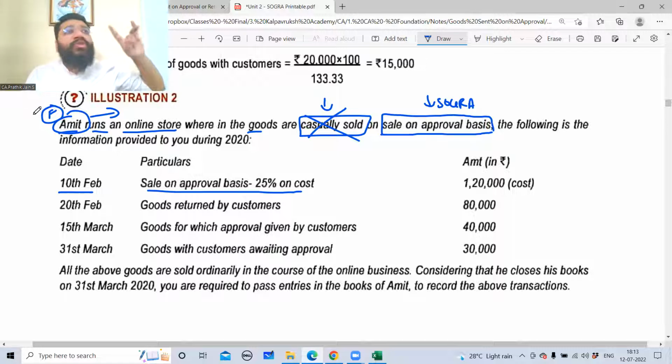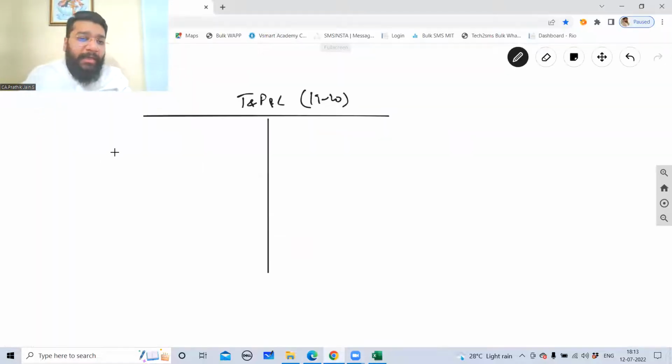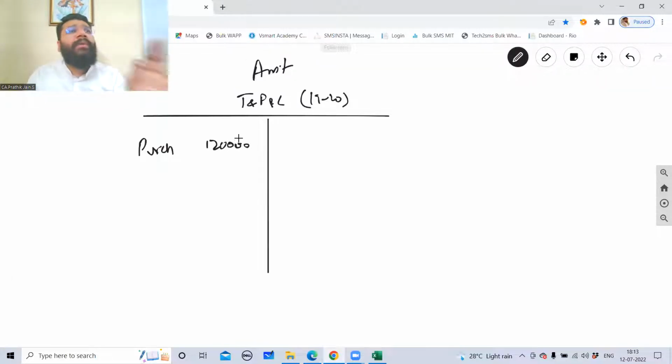He'll buy now. So when he buys, he's buying goods worth 120. So can I say in Amit's trading and P&L account, purchase will be 1,20,000 rupees? Yes or no? I'm discussing a normal final accounts question with all of you. The purchase account, that is the debit side of the trading and P&L account, I will record 1,20,000 rupees. Do you have any problem?